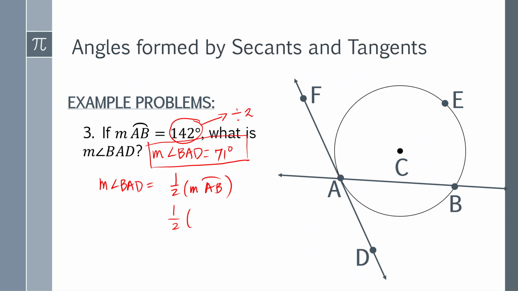In the same way, you have to find half of 142 to find the measure of angle BAD, such that our result is easy, 71 degrees. I hope that you get this example.